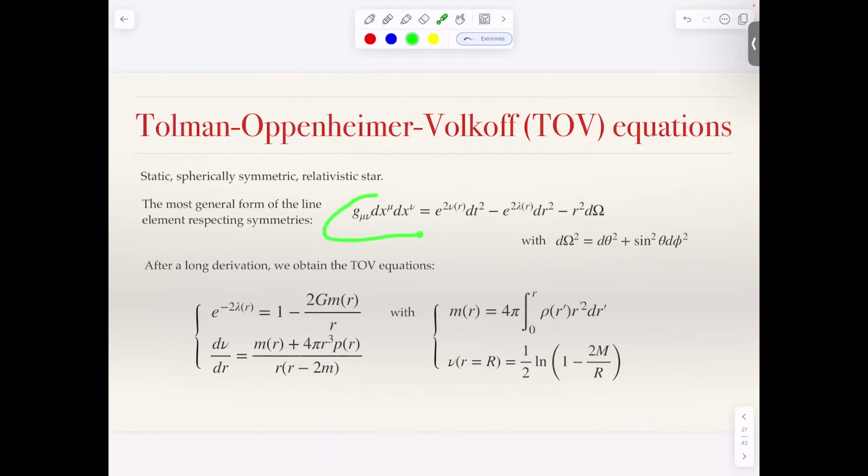And again, we start with this general form, but now we don't have J mu nu equals 0. Assuming the spherical symmetry, we have to solve the Einstein equations. And again, I don't want to do this long derivation.